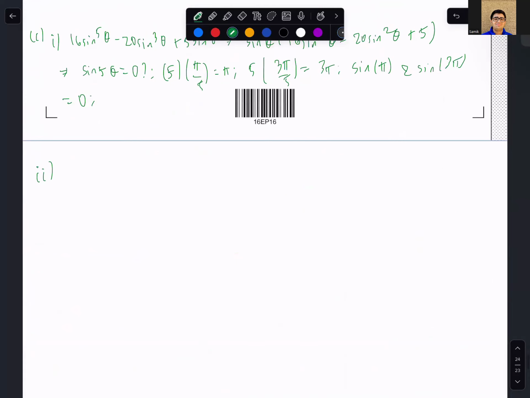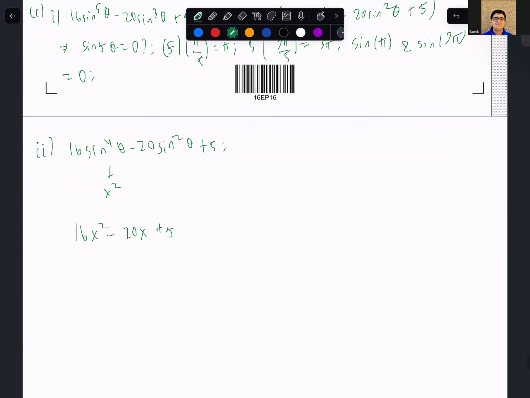So we have our equation, right? We can say that this is x squared essentially. So we can rewrite it as x squared minus 20x plus 5.